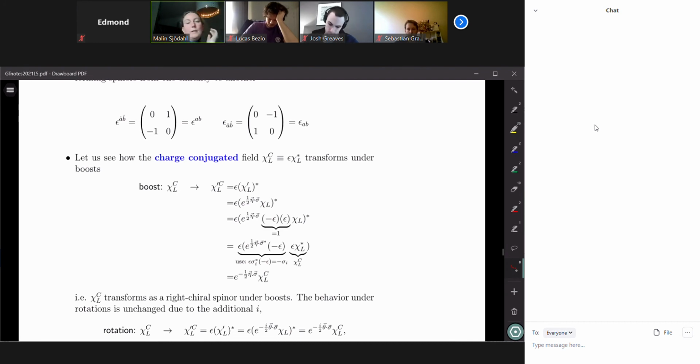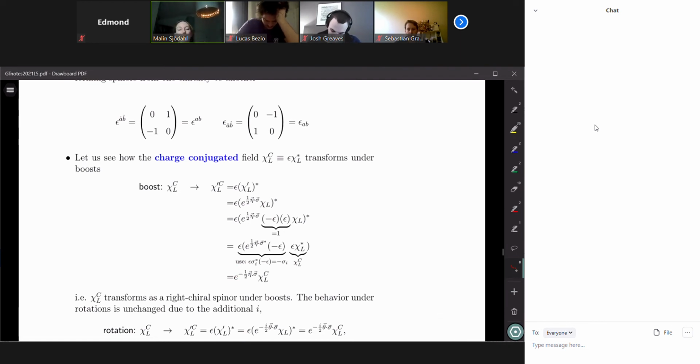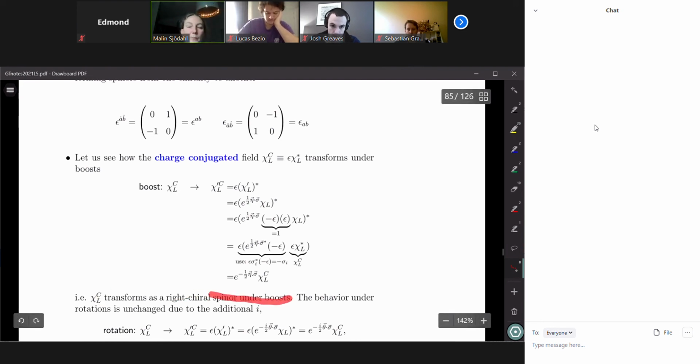So now if we take a look at this expression, what we have found actually is that the charge conjugated field of the left chiral spinor, with charge conjugation defined in this way, obtains a minus sign in the exponent here. And this means that it is transforming exactly like the right chiral field. So chi LC transforms as a right chiral spinor under boosts.